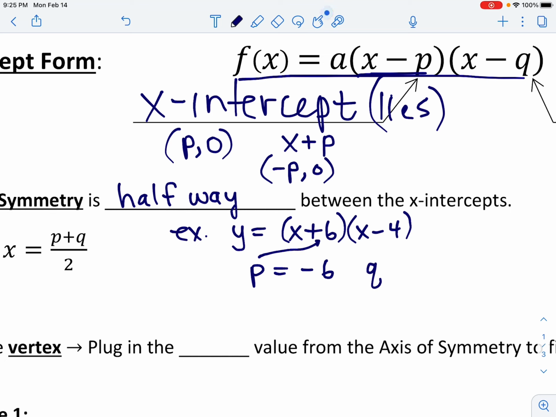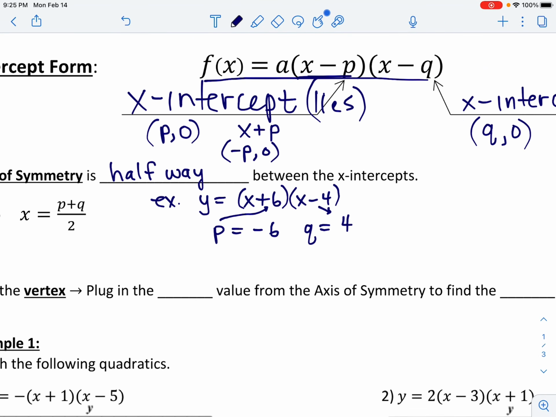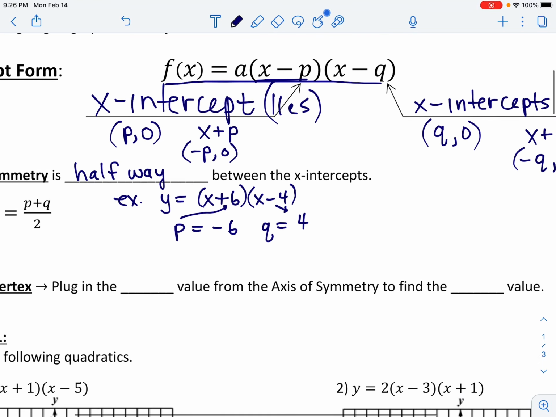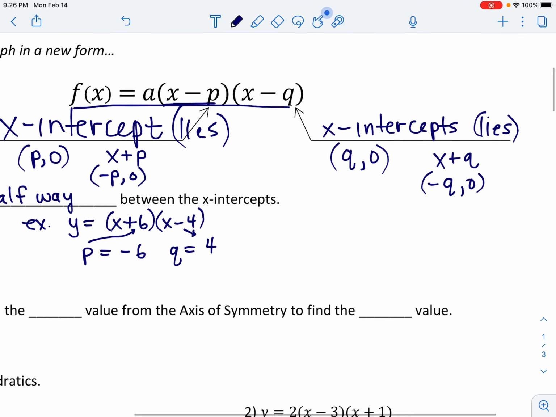And my q is going to be positive 4 because it's the opposite of what's inside those parentheses. So now that I know what p is and I know what q is, I can plug that into my axis of symmetry formula. And I get x equals negative 6 plus 4 divided by 2.